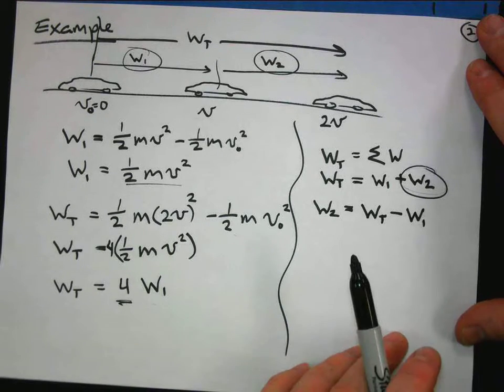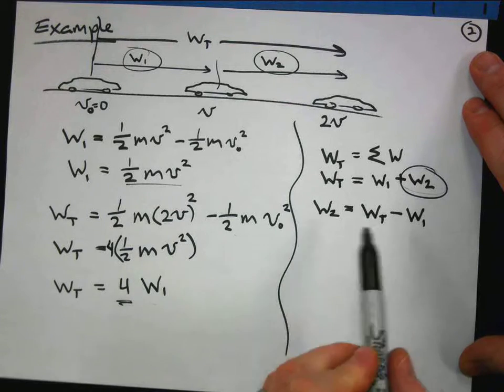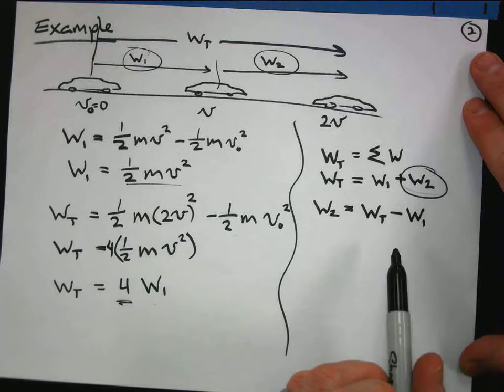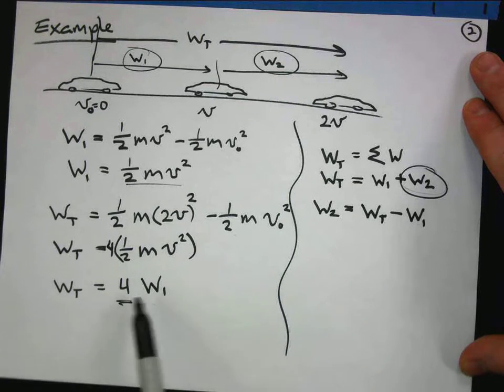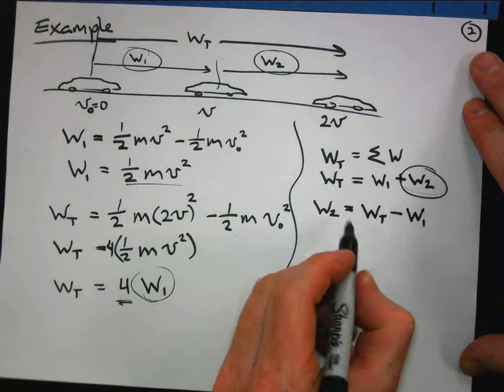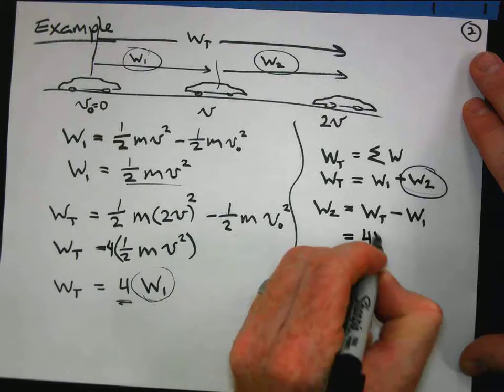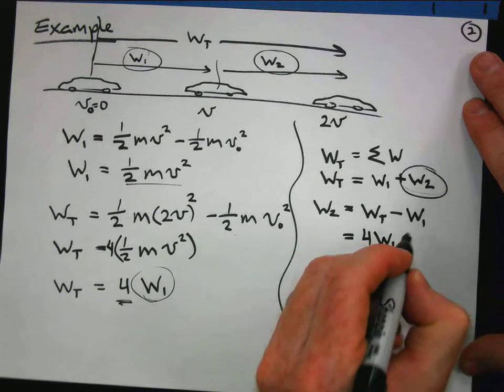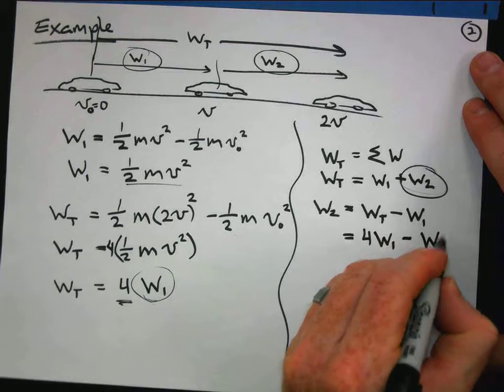All right. Well, just an interesting thing. We know that the total work is 4 times the work for number 1. So the total is 4 times work 1, and we're taking away work 1.